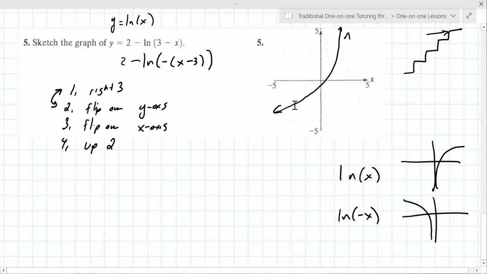This is a hard question to do. There's a lot that goes into this. But really it's the y-axis flip that tends to get students confused, but then you got to do an x as well. You also should probably draw the vertical asymptote at x equals 3, because that's what makes this original function 0. And that's where it's undefined.